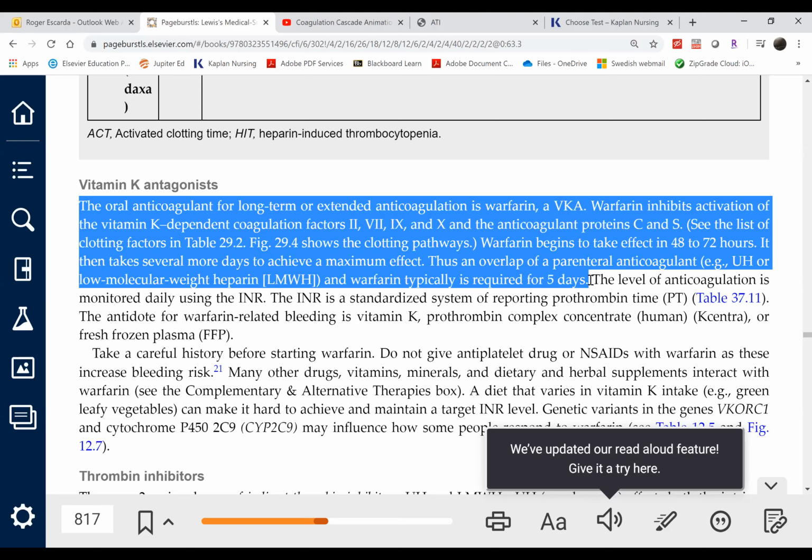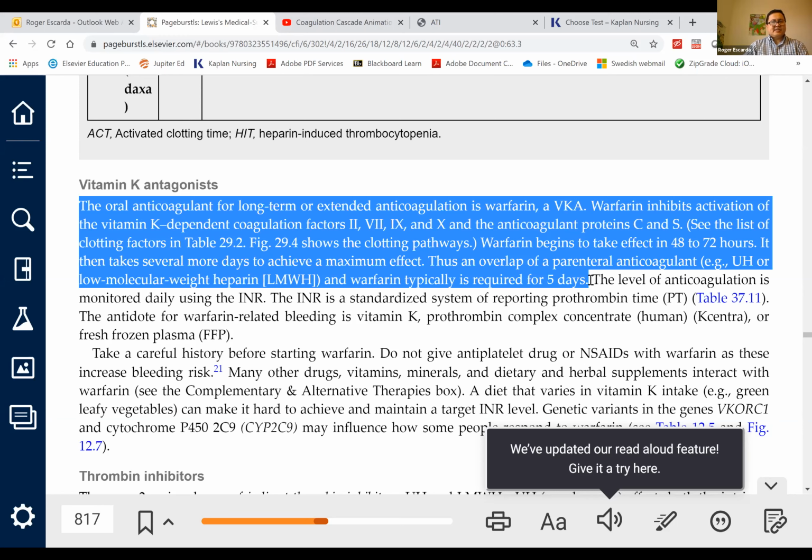It then takes several more days to achieve a maximum effect. Thus, an overlap of a parenteral anticoagulant and warfarin typically is required for 5 days.